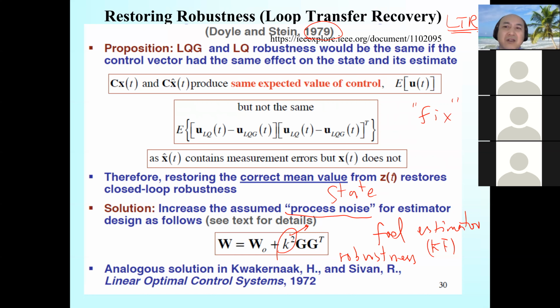So again, you add this term and increase the gain K to fool the estimator into delivering that robustness, as if you recovered from the loss of robustness, so that your LQG will come back to look like LQR.